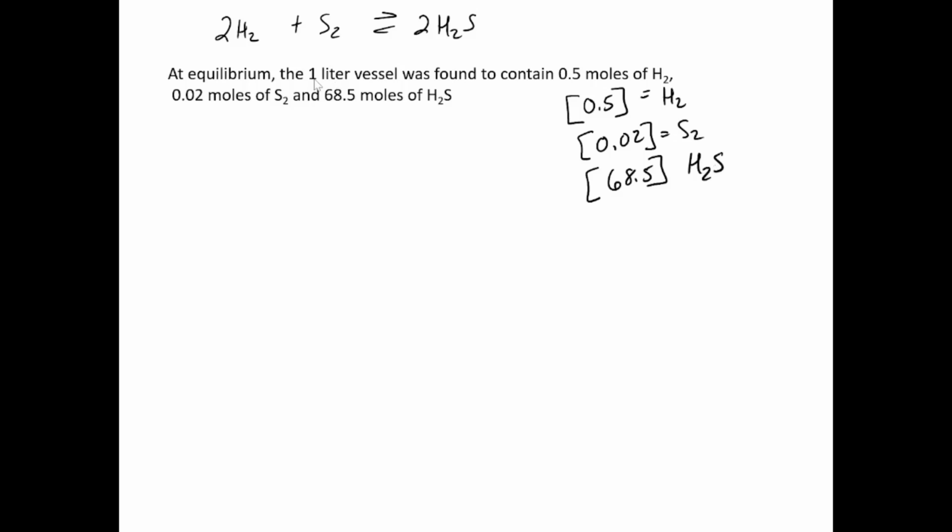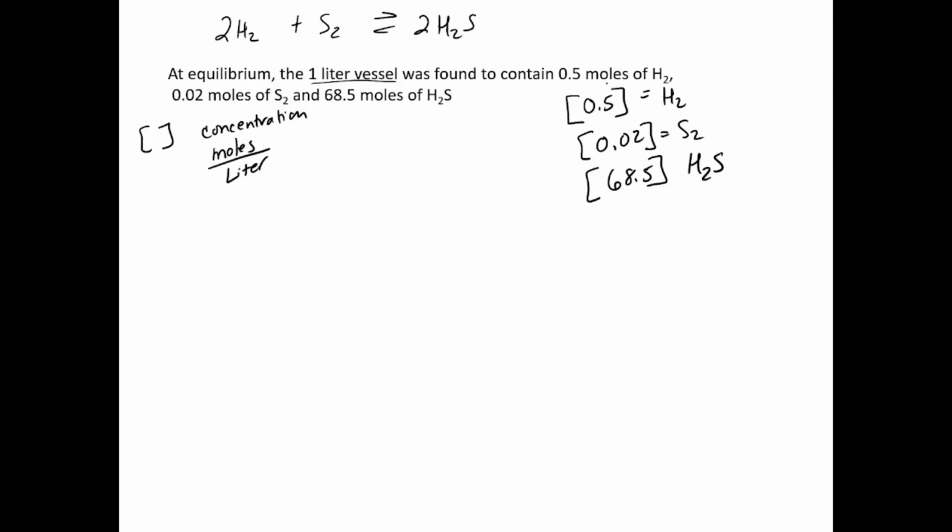And the reason it's important that they told us it's in a 1 liter container is because these brackets stand for concentration. That's shorthand for concentration, okay? And concentration is expressed in moles per liter.